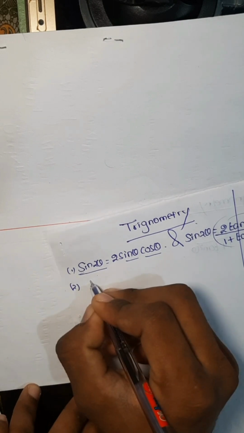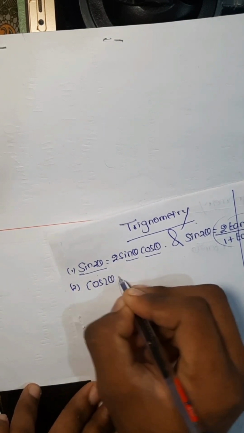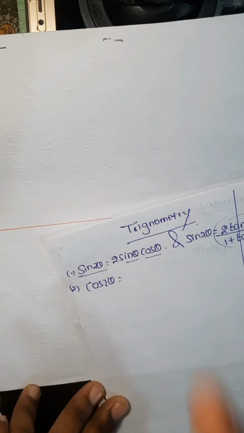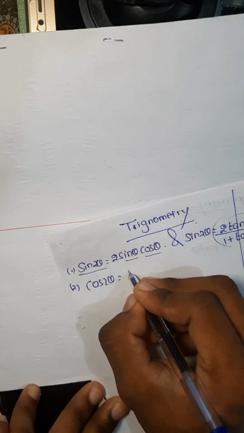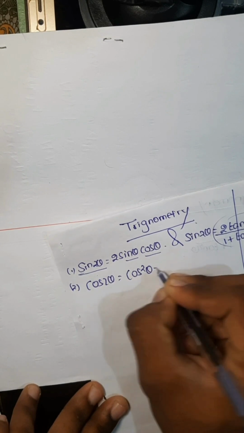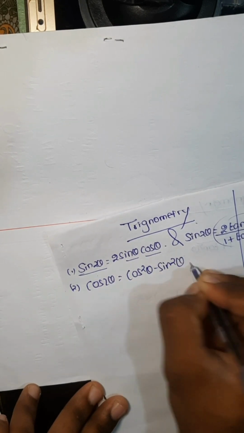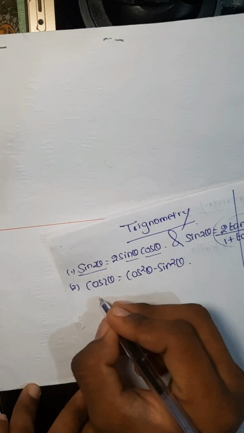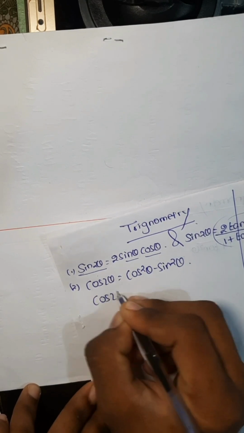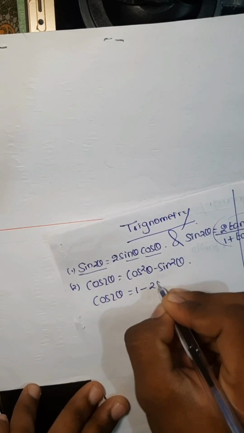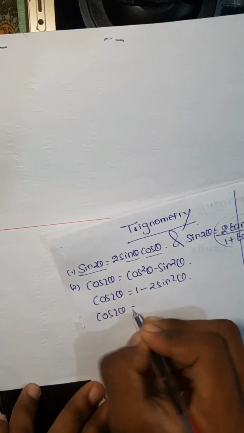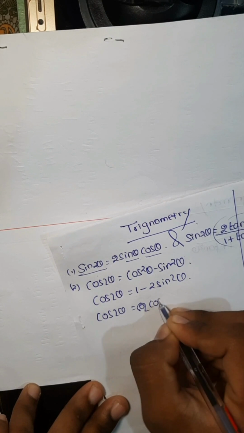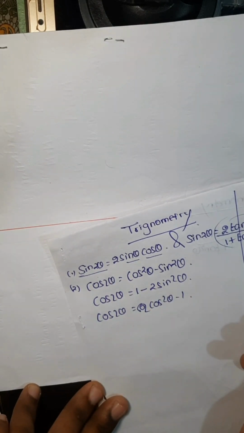Second one, cos 2 theta. It can be written in three forms. First one is cos square theta minus sin square theta, and the second one is cos 2 theta equals 1 minus 2 sin square theta, and the third one is cos 2 theta equals 2 cos square theta minus 1.